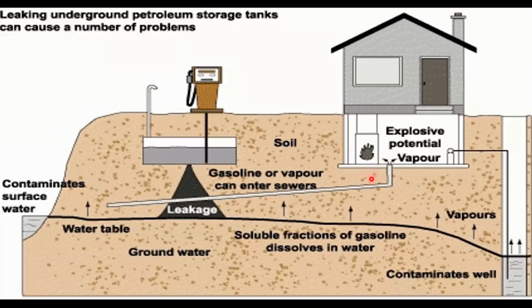Today, more than explosion, we are really concerned. We are concerned about explosion in the case of gasoline, but also it's toxic. If you inhale it, it's toxic. So these are the concerns that we have with gasoline tanks leaking.